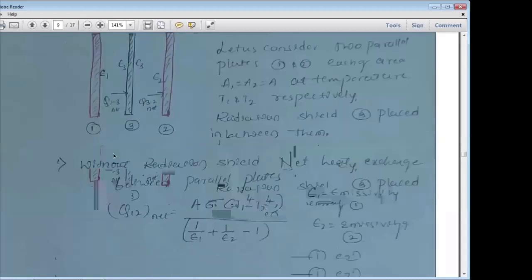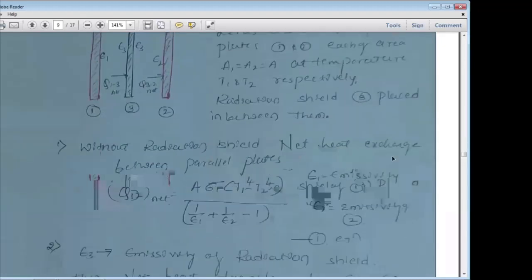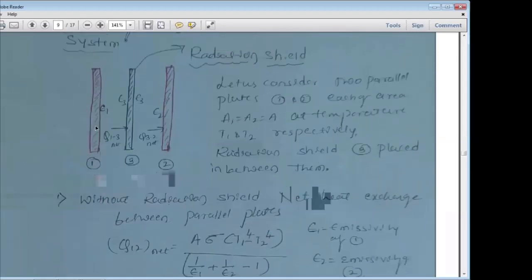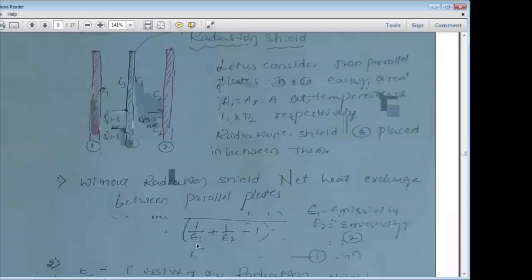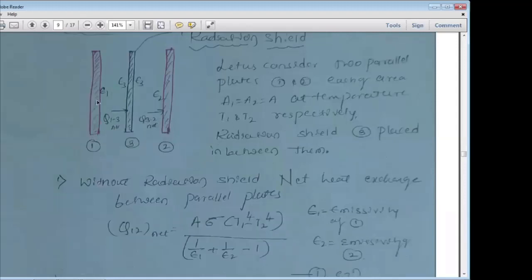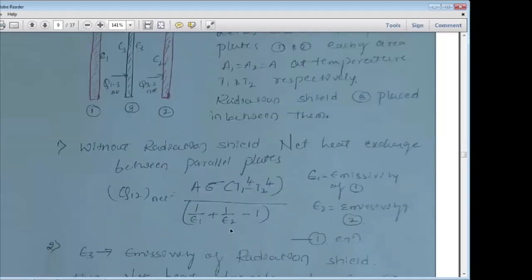In this case, the net heat exchange between the parallel plates is A into sigma into (T1 raised to 4 minus T2 raised to 4), divided by 1 upon epsilon 1 plus 1 upon epsilon 2 minus 1.